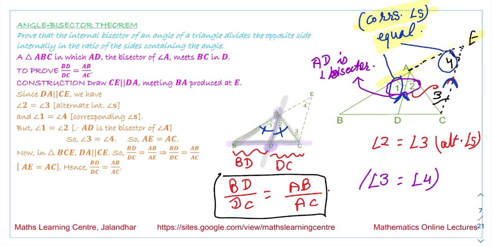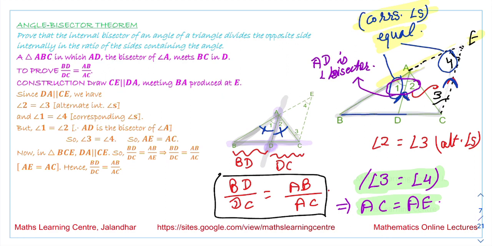If angle 3 and angle 4 are equal, then AC is equal to AE. Now in triangle BCE, this larger triangle we are talking about.